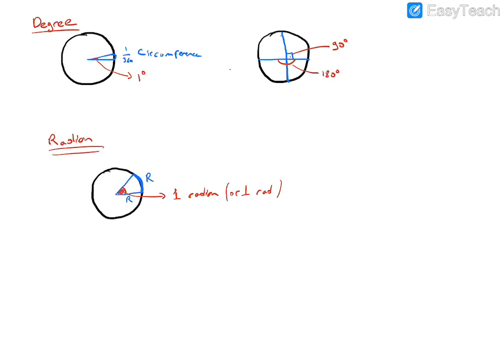So if this radius is 1 and the arc length is 1, we see the 1 radian. Okay. In general, a central angle subtended by an arc of length s has a radian measure that is determined as follows. So in general, this is theta.